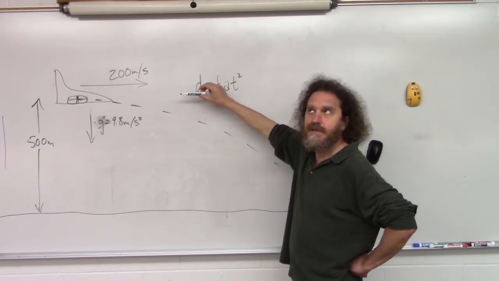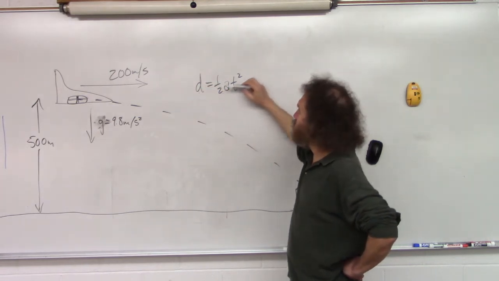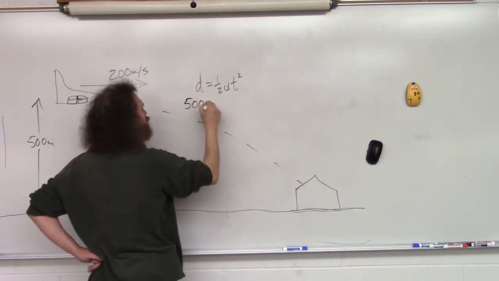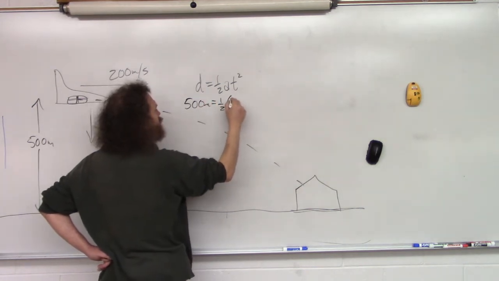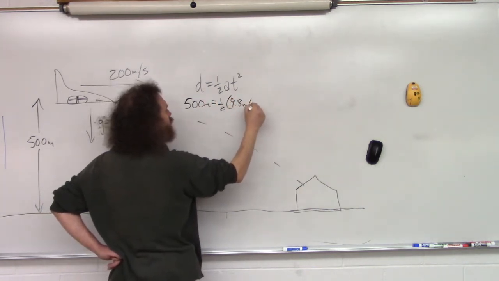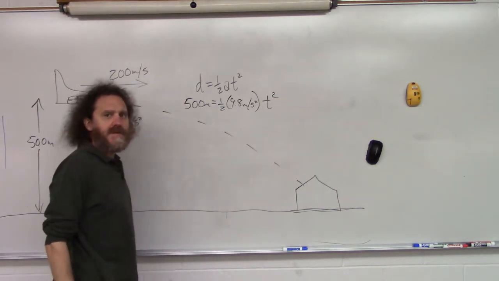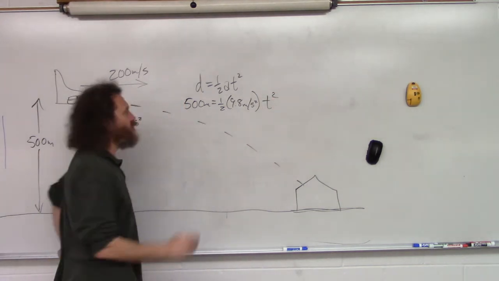So it's basically starting from a standing start in the vertical direction. So I can put in 500 meters here. This is 9.8 meters per second squared. I can solve for t to find out how many seconds it'll take to drop 500 meters.